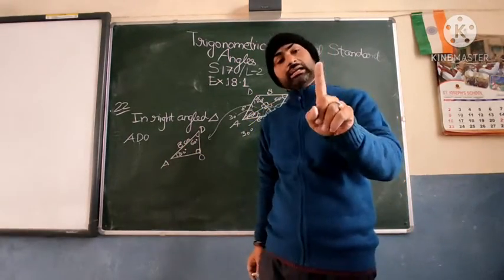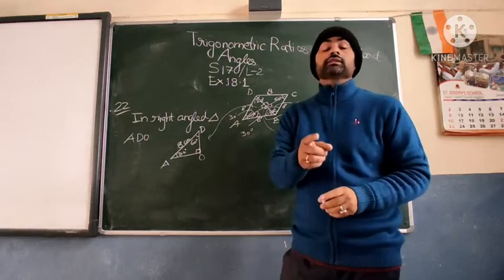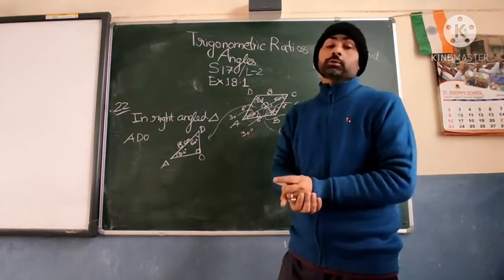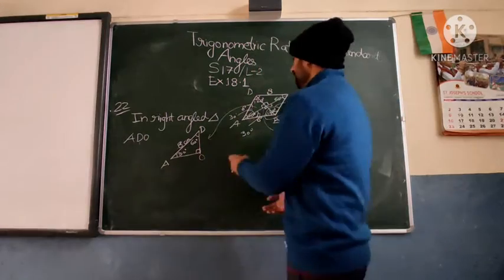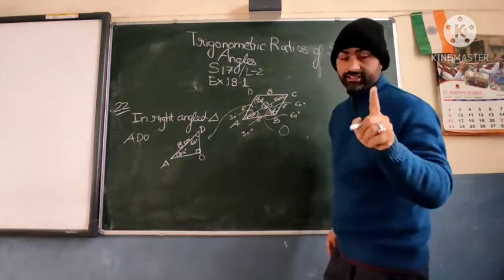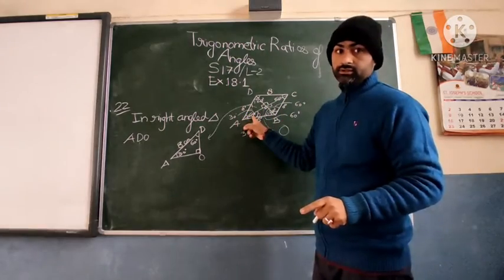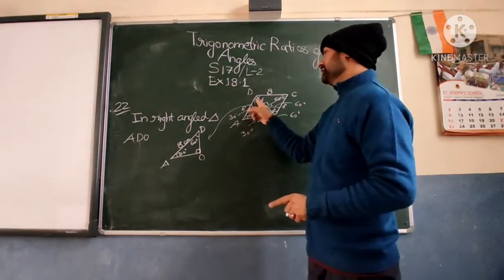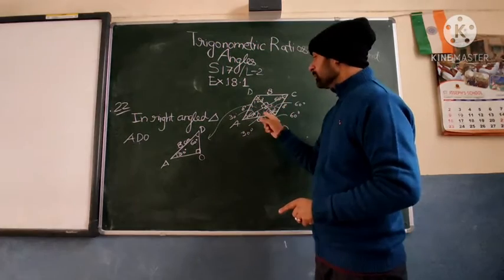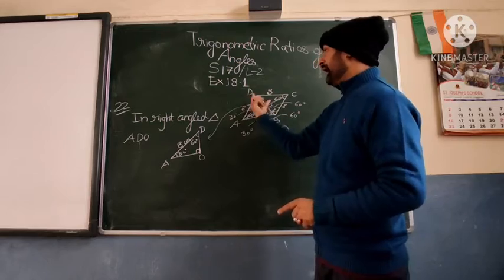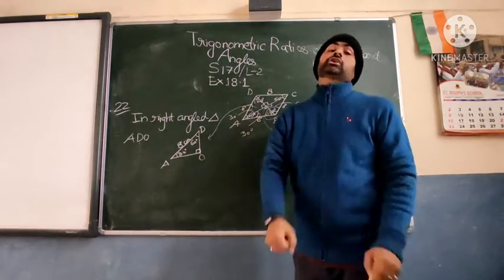So with one triangle only you can get the things. But the bottom line is you must know the properties of a rhombus: the diagonals intersect at 90 degrees, diagonals bisect the angles, and one more property, the diagonals bisect each other also.